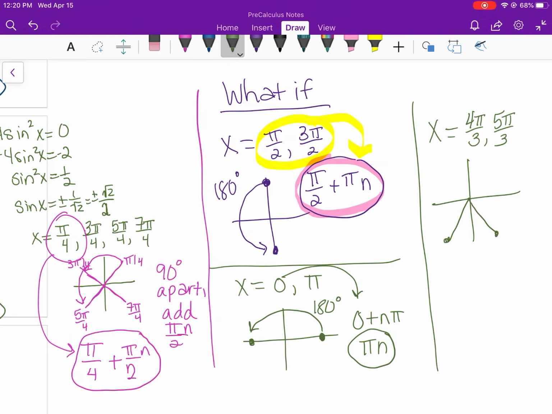Those angles are 60 degrees apart from each other. They're not 90 apart from each other. They're not 180 apart. So what you have to do when they're not 90 or 180 is you're going to have to add 2 pi n to each.